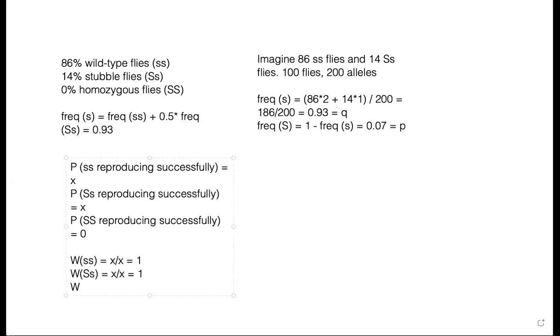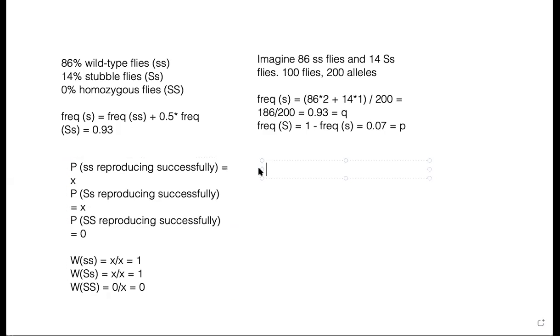The relative probability of a homozygous dominant fly reproducing successfully is 0 divided by X, which is 0. No chance that a homozygous dominant fly is going to reproduce. Okay, with me there. What we now get to do is calculate relative fitness.